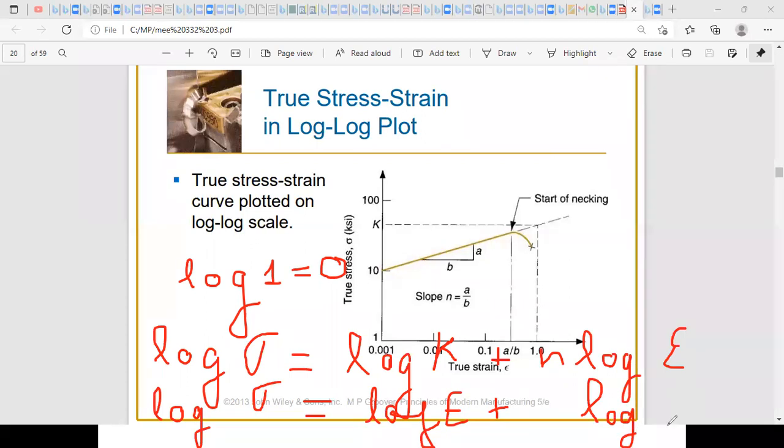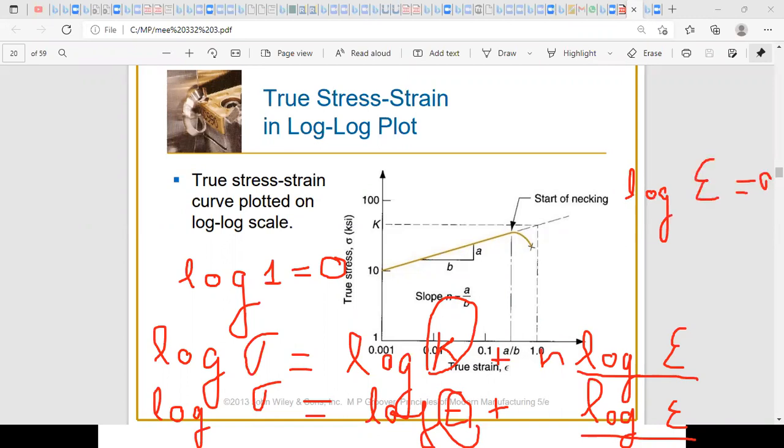So if you want to find E in the elastic region, or you want to find K coefficient for the strain hardening zone, this corresponds to log epsilon equal to what for both cases? 0. Okay. And log epsilon equals 0 correspond to what value of epsilon? 1. So you say that if I want to graphically determine K or E, I should set epsilon equal to 1 and find the corresponding intersection with my line.